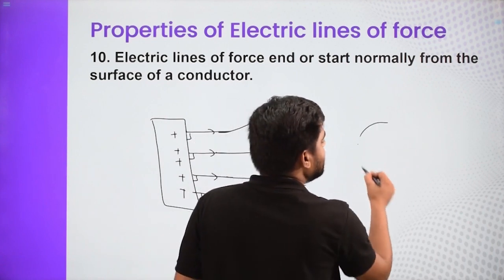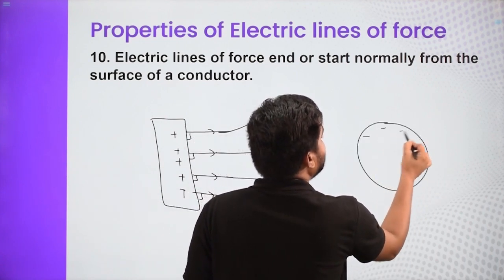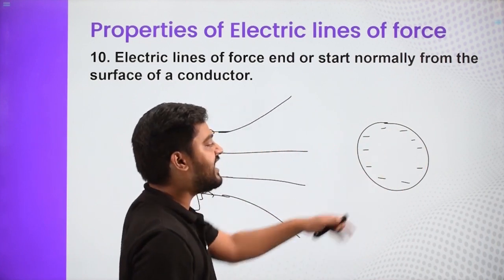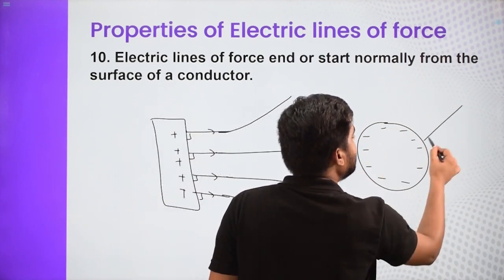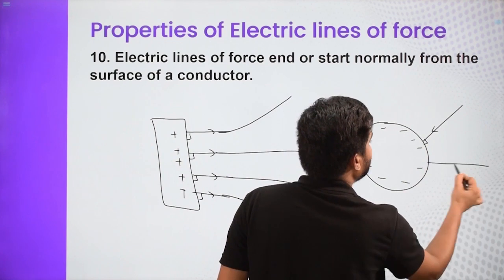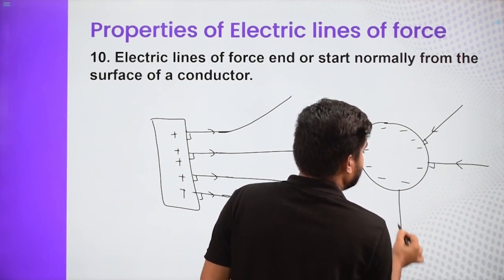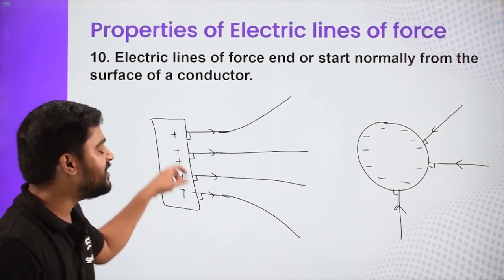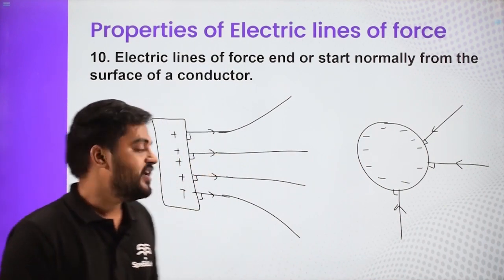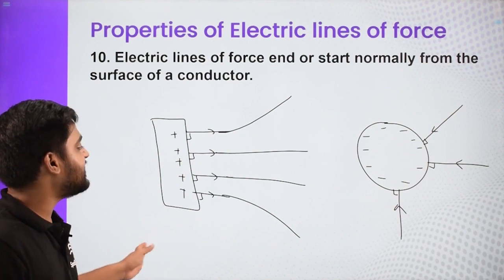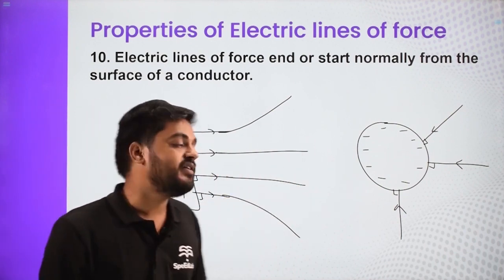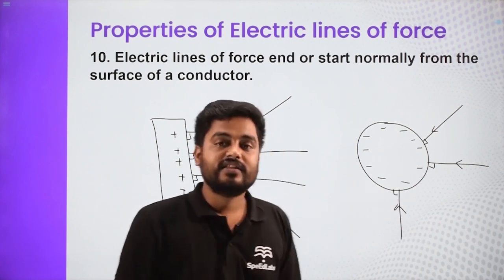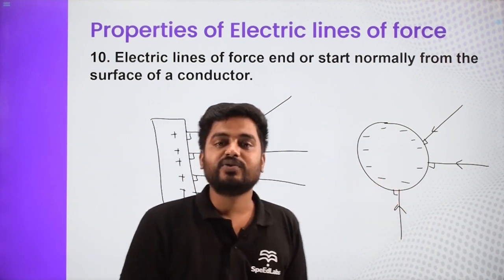If it is a sphere with a negative charge, then field lines will enter, but again the direction has to be perpendicular. So field lines always have to be perpendicular to the surface: on a positively charged surface they exit perpendicularly, and on a negatively charged surface they enter perpendicularly.